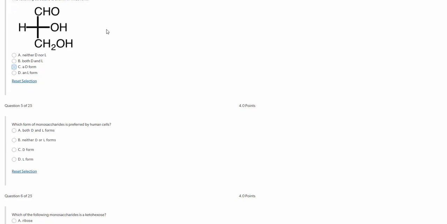Number 4, the following structure is shown in what form? Well, this is a Fischer representation. And the cross part right here represents a chiral carbon. So this carbon has 4 different groups attached to it. And because the OH is on the right-hand side as we're looking towards it, that is the D form.